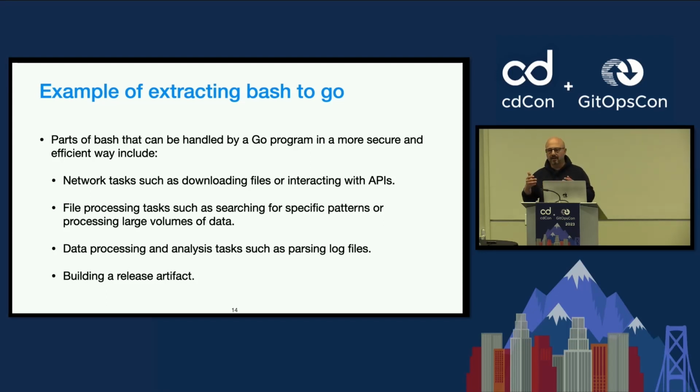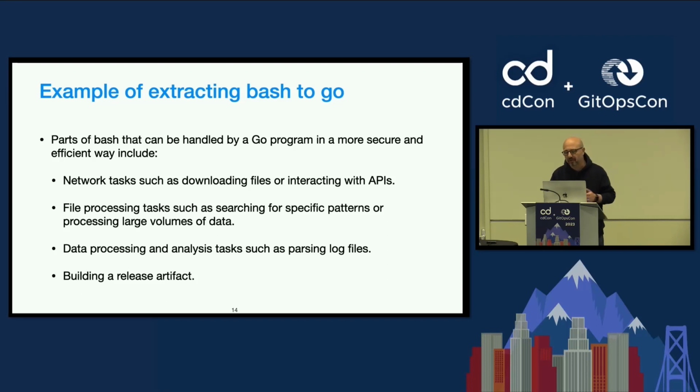The vendor replaced that script, it wasn't there anymore, and their build was broken. So dealing with something like that in Go and having testing for it, or having checks and validations, will make it easier to catch these kinds of things.